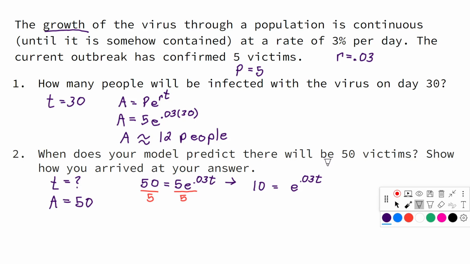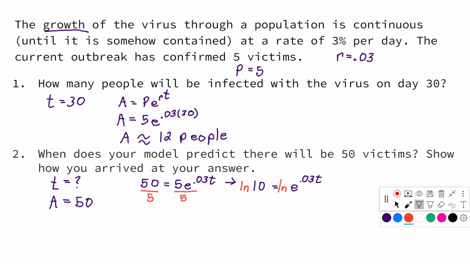Remember that logarithms undo exponents. Because this is a base e, we want to use the logarithm for base e, and that is the natural log, ln. So I'm going to take the natural log of both sides.